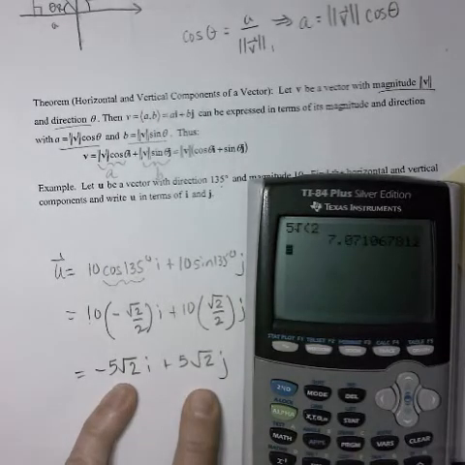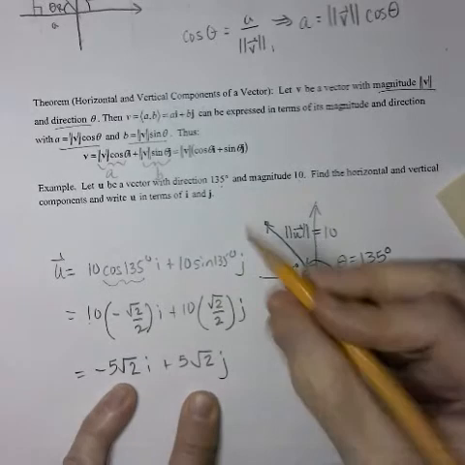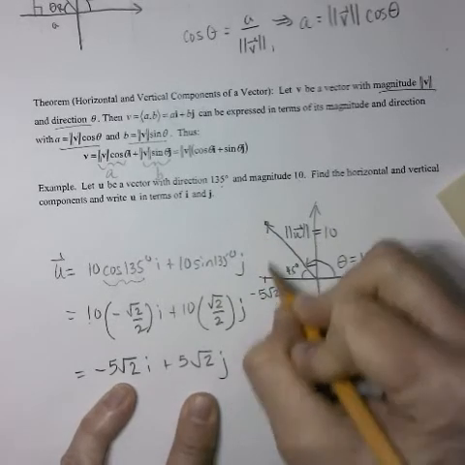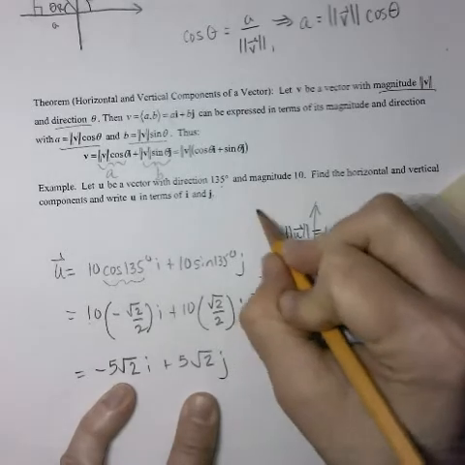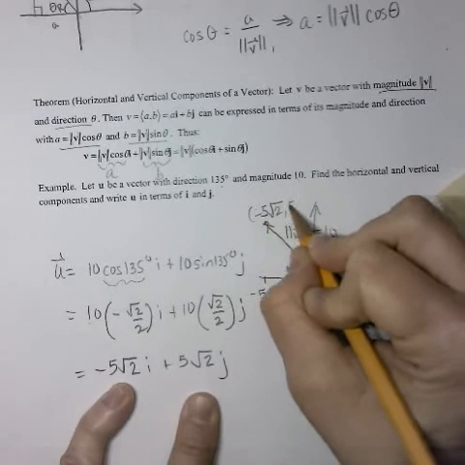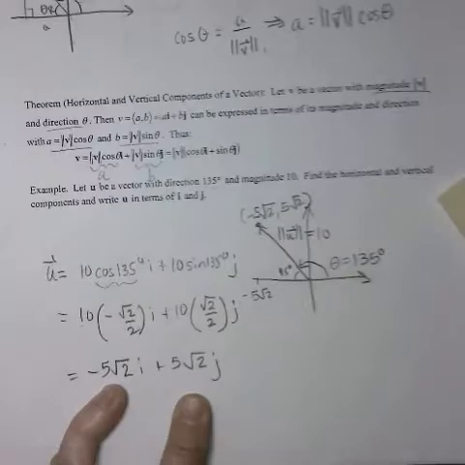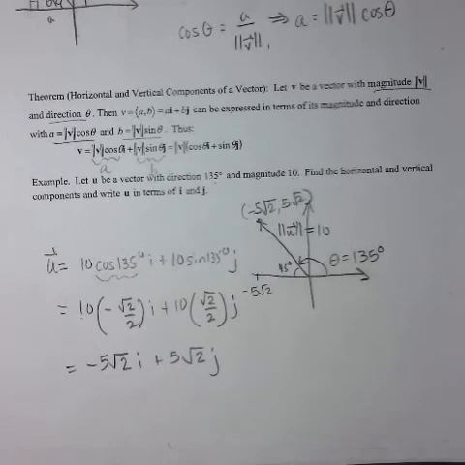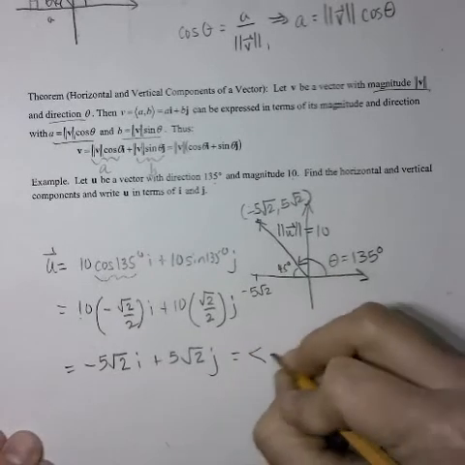It's about 7.07. If we go back 5 radical 2 and up 5 radical 2, those are the coordinates of this point at the tip of the vector when it's in standard position. Okay, and of course you can use the other notation here.